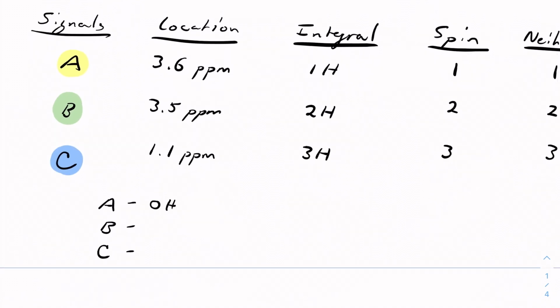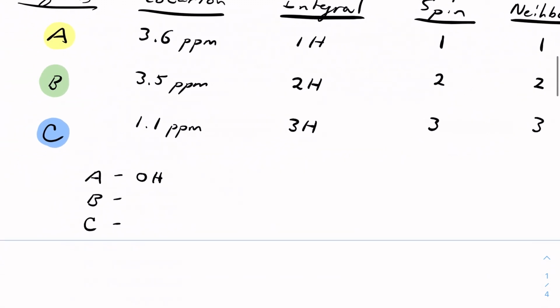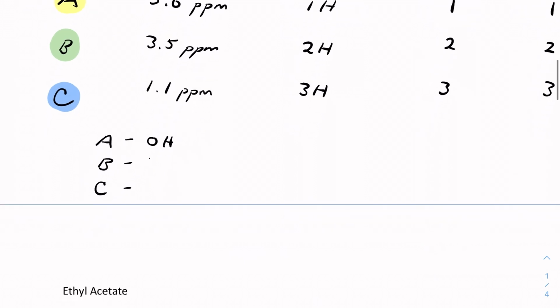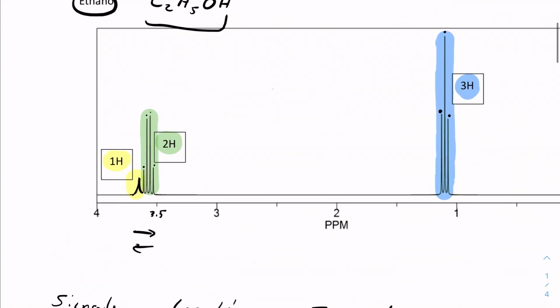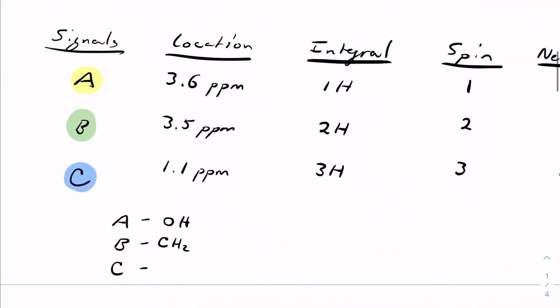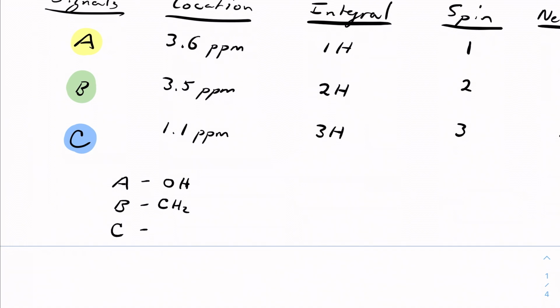For B, we can take a guess that because there are 2 neighbors, that's a CH2 group. And then by default, based on our chemical formula again, we know that group C is most likely going to be a CH3 group.